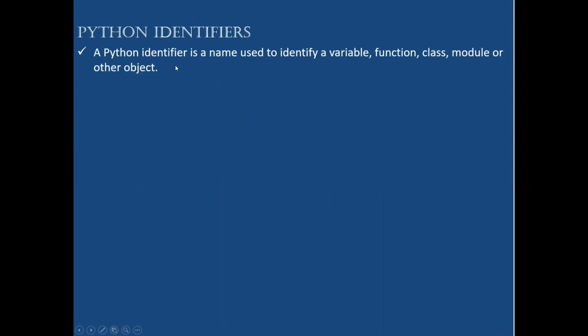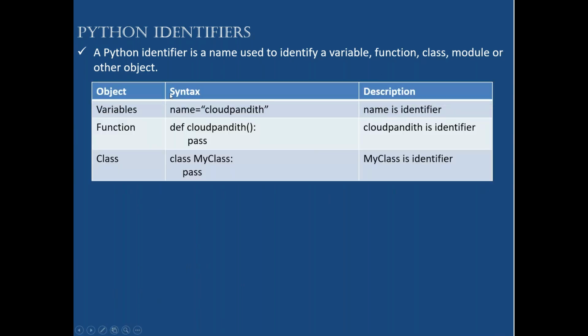The first rule: a Python identifier is a name used to identify a variable, function, class, module, or other objects.